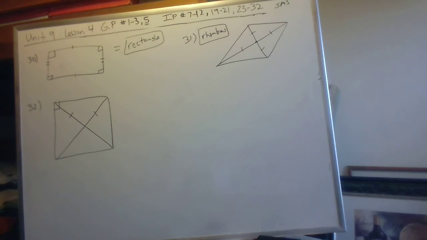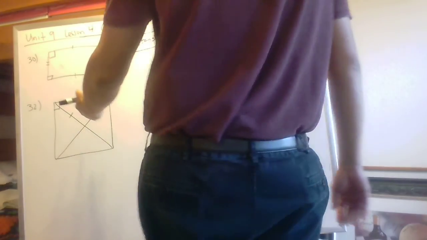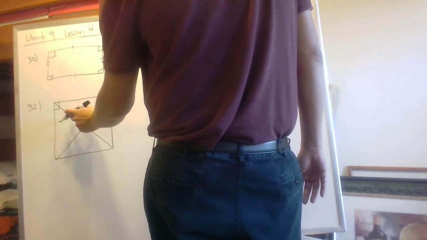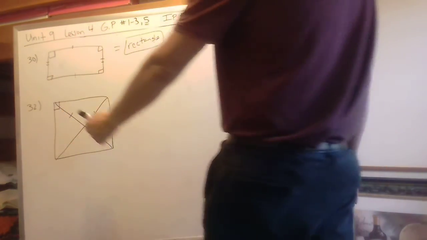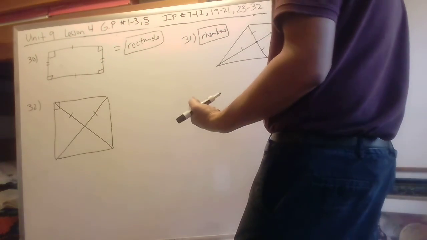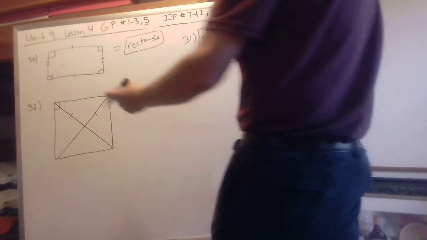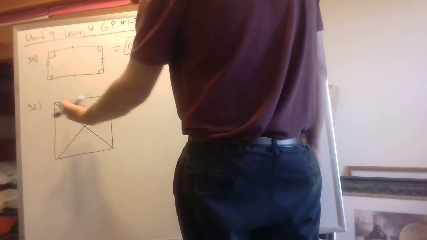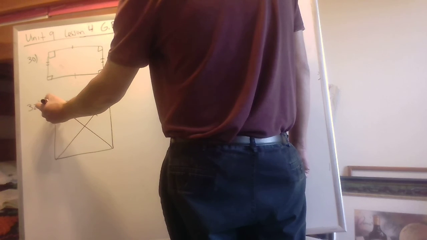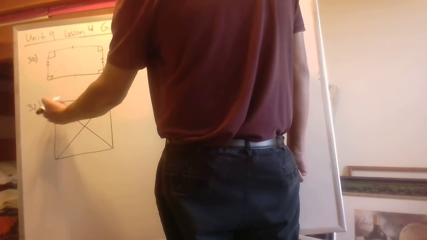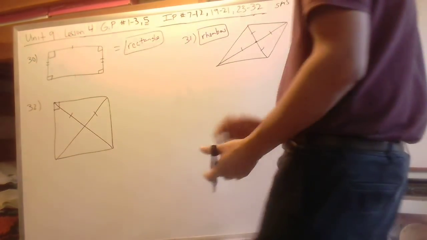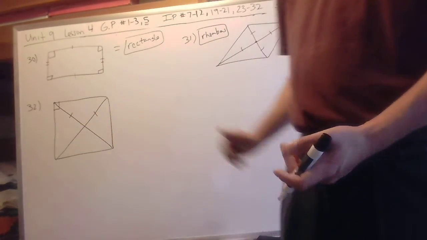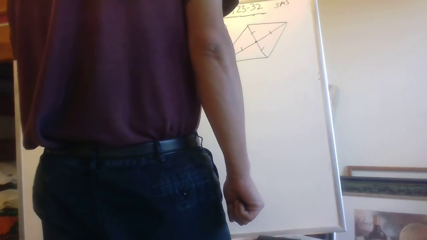So whenever you see a situation like this where we have congruent segments in the diagonals and then there's a 90-degree angle in the corner of the quadrilateral, in this case it's a square because where this vertex is and the sides meet at this point, it forms a 90-degree angle. So if you have diagonals that have congruent segments and a 90-degree angle, that would be classified as a square.